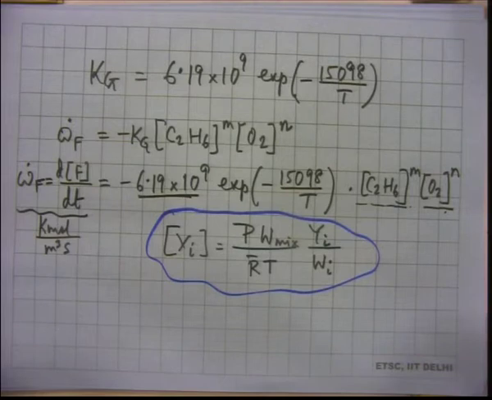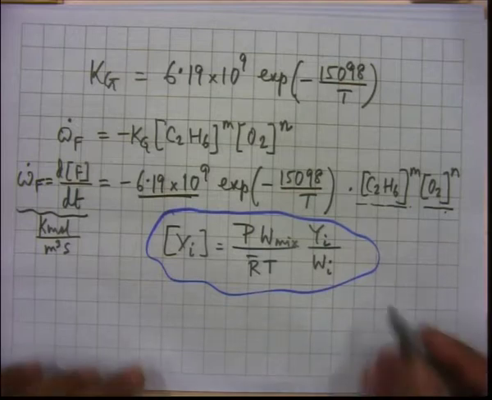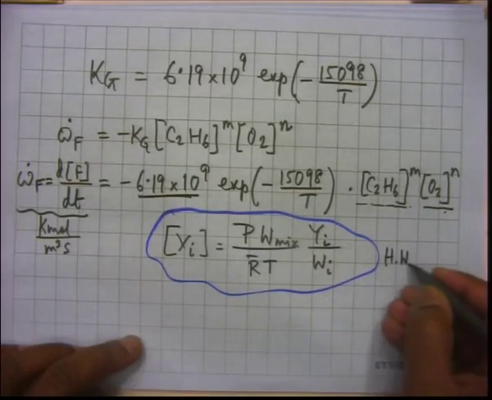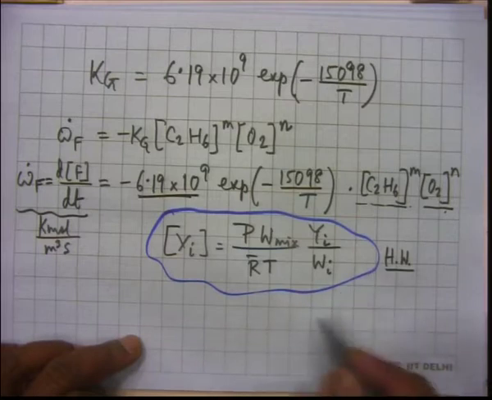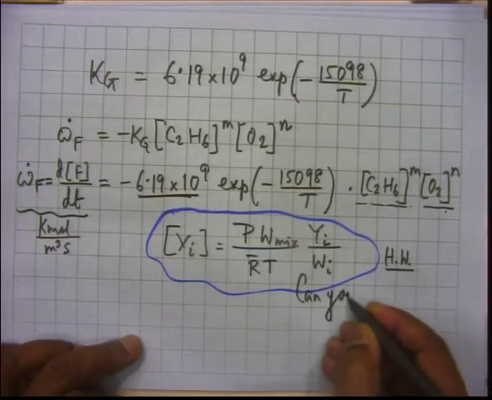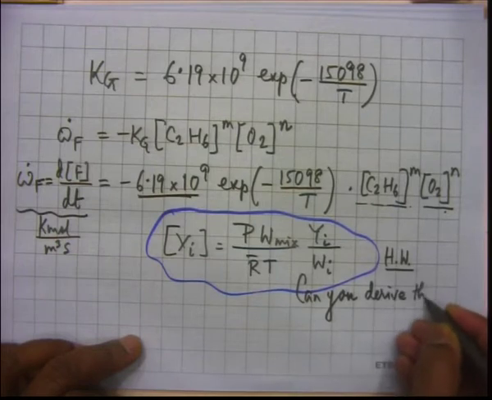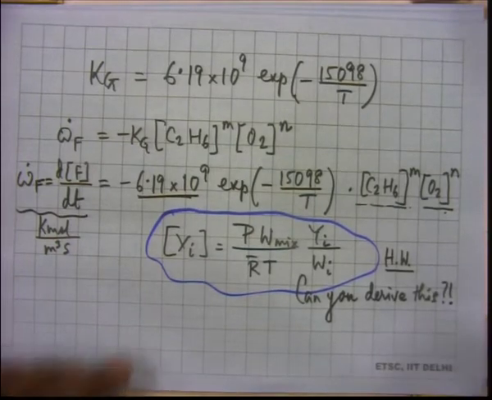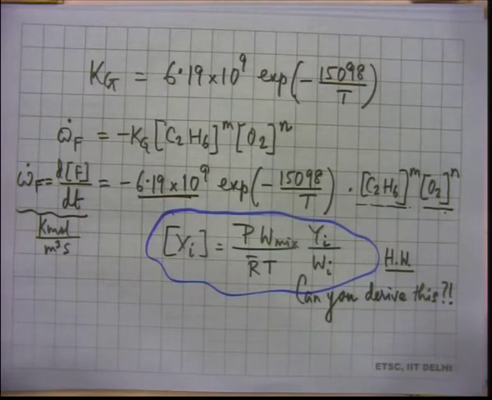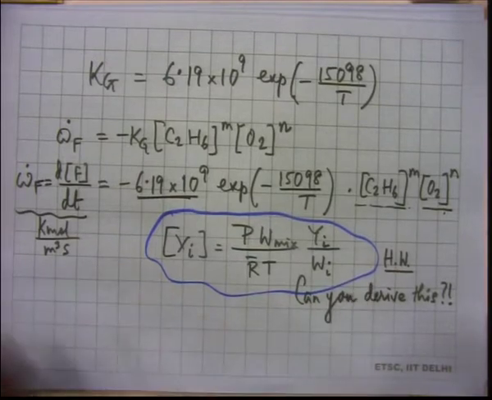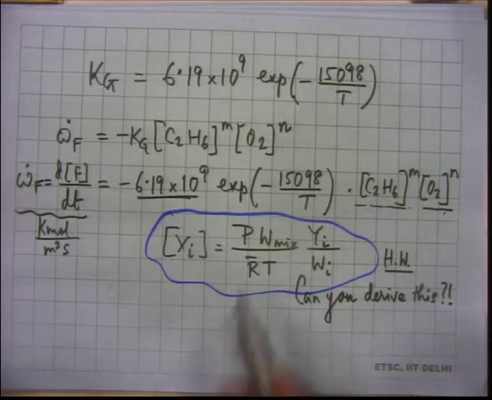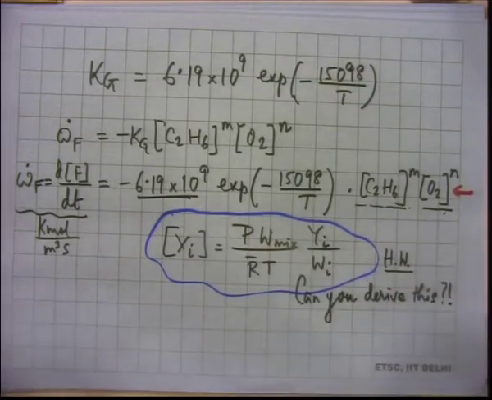Okay. So, let me just write this as a homework, in the sense that you take for granted. After the class, check this out yourself. Can you derive this? As of now, let us take this for granted. So, you are clear about this omega dot f, this expression up to here, all right.